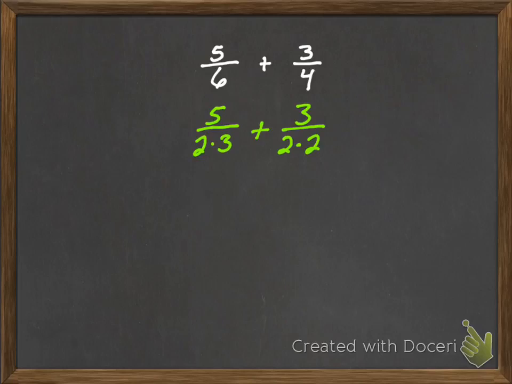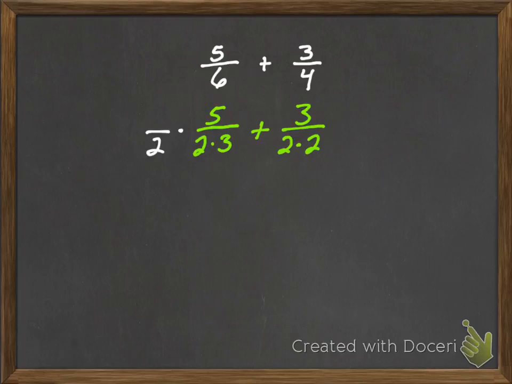And so what we want to do is look at our denominators and think, what does this denominator have that this denominator does not have? Well, this denominator has 2 2's. This one only has 1 2, which means we need to multiply this fraction by another 2.